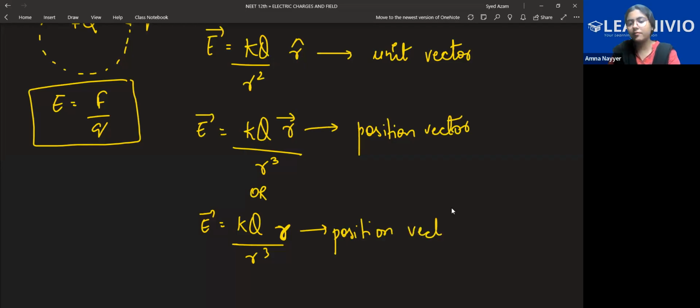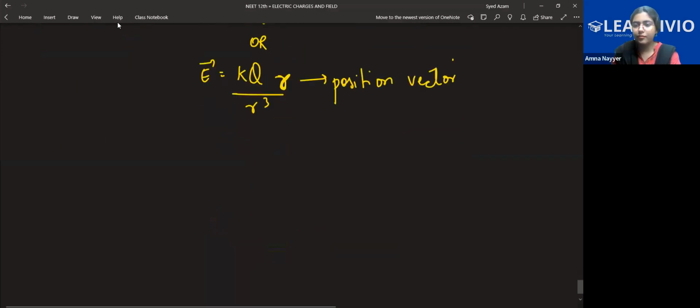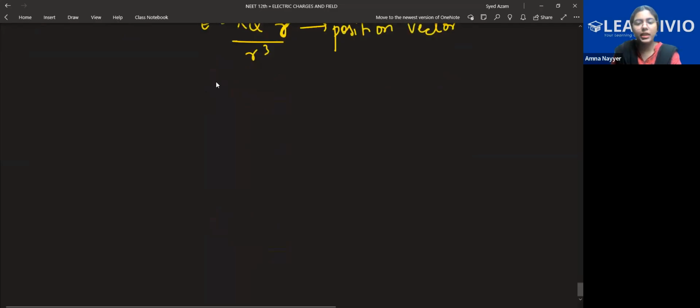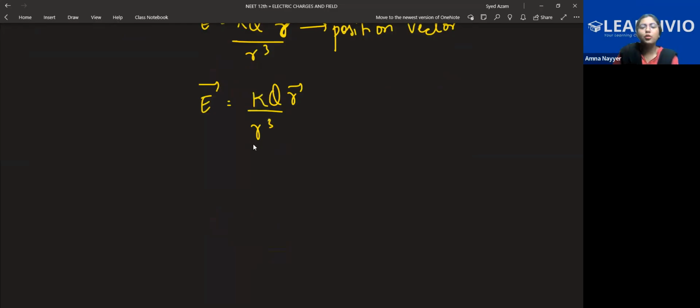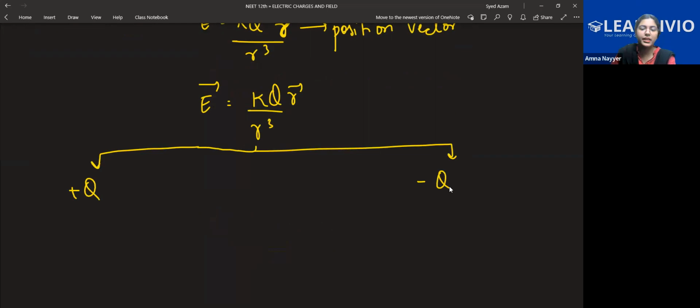Position vector. Now class, when we are talking about electric field intensity, this formula E is kq r vector divided by r cube, two things you have to remember for positive and negative charges. Once you have the positive charge, and on the other side you have the negative charge minus q.